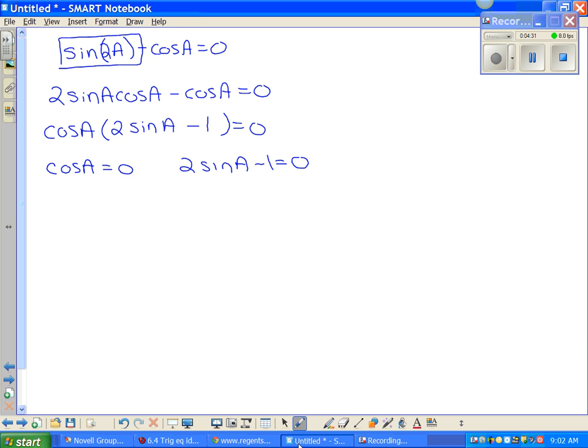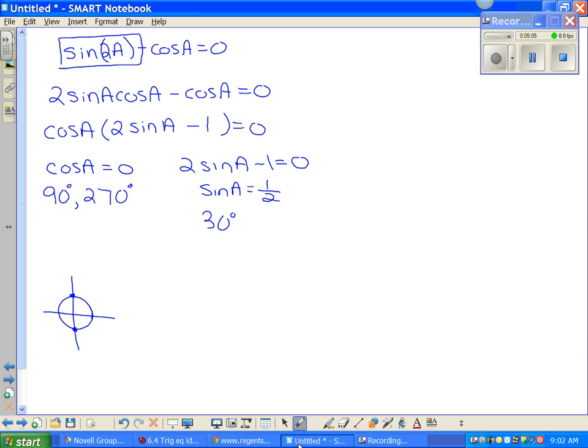When's cosine equal to 0? 90 and 270. Great. You're thinking about that unit circle, right? 90 and 270 is where cosine is 0. And this is sine a equals a half. Sine is a half at 30, and what else?